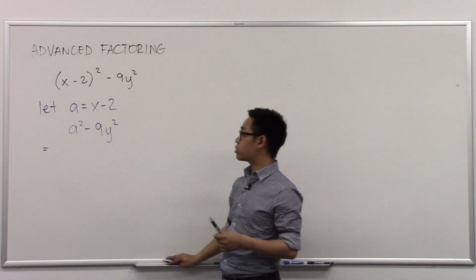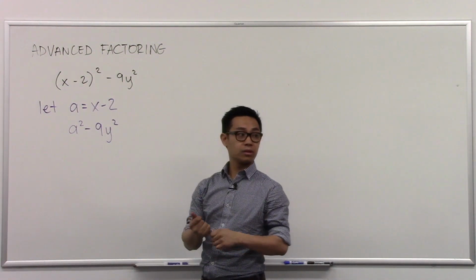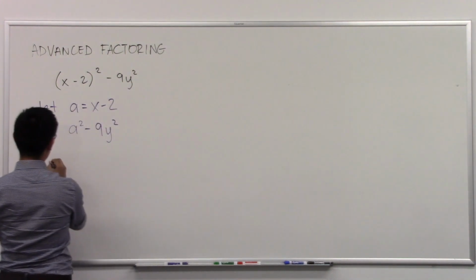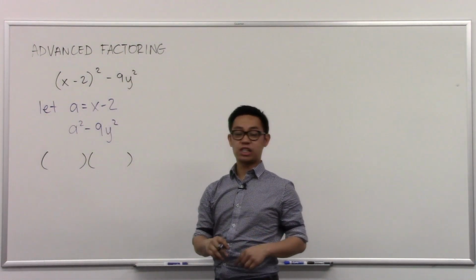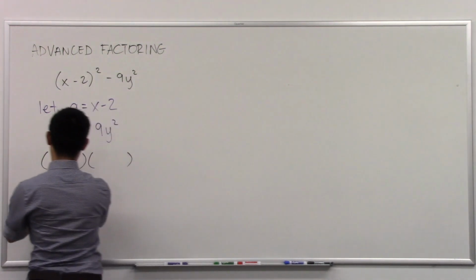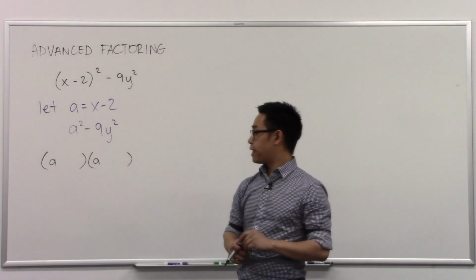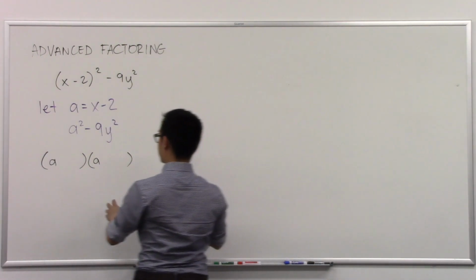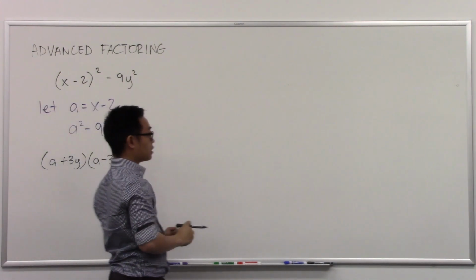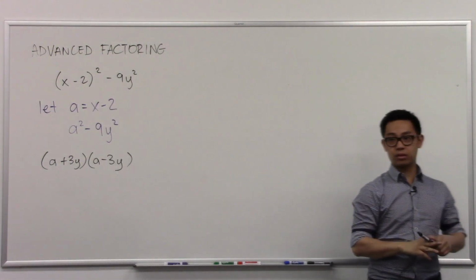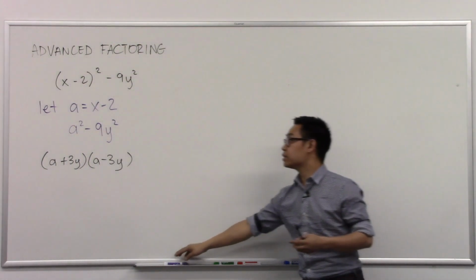So if I factor a squared minus 9y squared, well, that's a difference of squares, so it goes bracket, bracket, bracket, bracket. I square root the first term to get a, and I square root the second term to get plus 3y and minus 3y. And now I can put the x minus 2 back in.